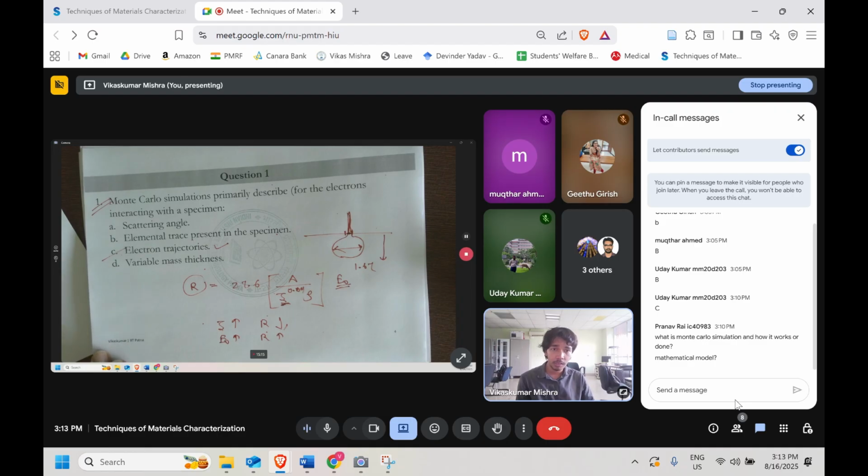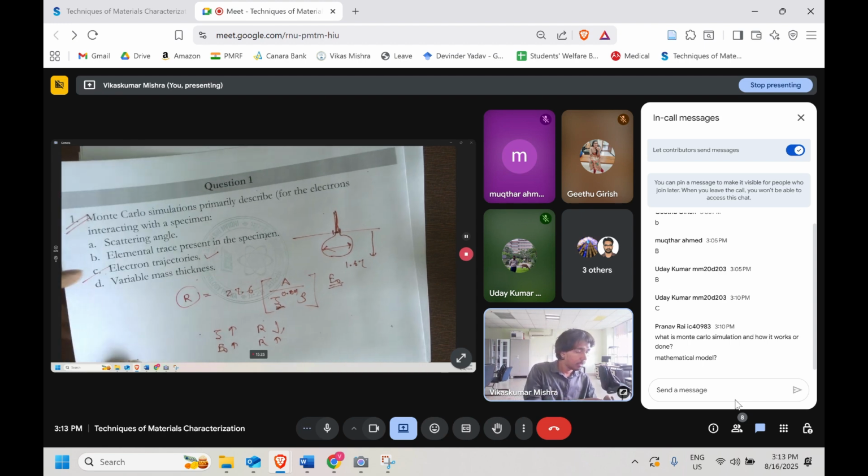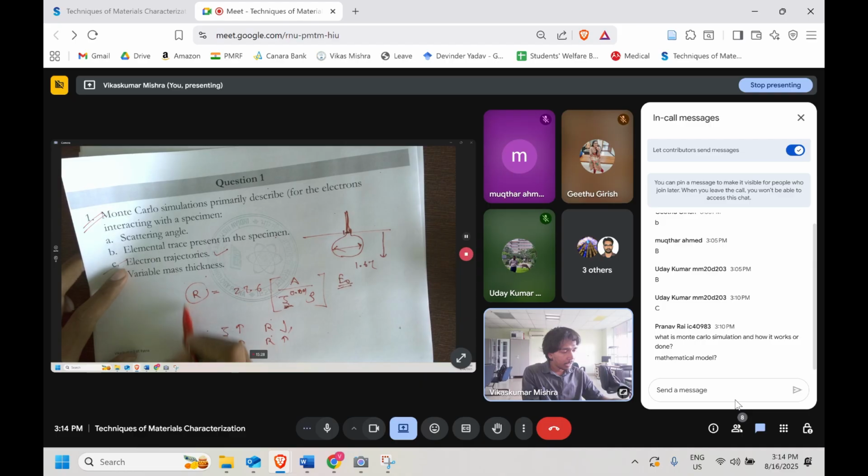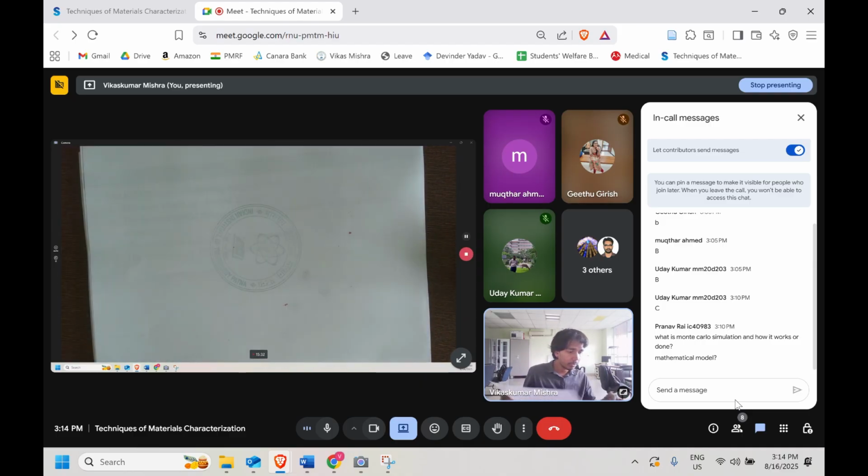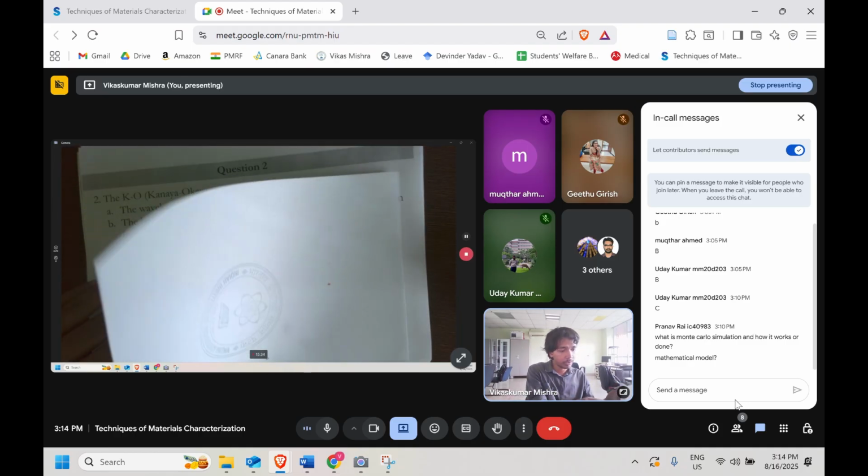In that case, they will reduce the beam energy. By understanding these things, you can generate a better microstructure. So we'll keep this formula, this model, in mind. Now let's try to solve the second question based on this.